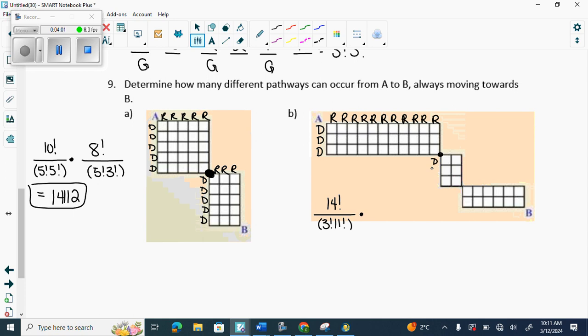Then we have D, D, D, R, R. So 5 factorial over 3 factorial, 2 factorial, times D, D, R, R, R, R, R, R, which is 8 factorial over 2 factorial, 6 factorial. What do we get?